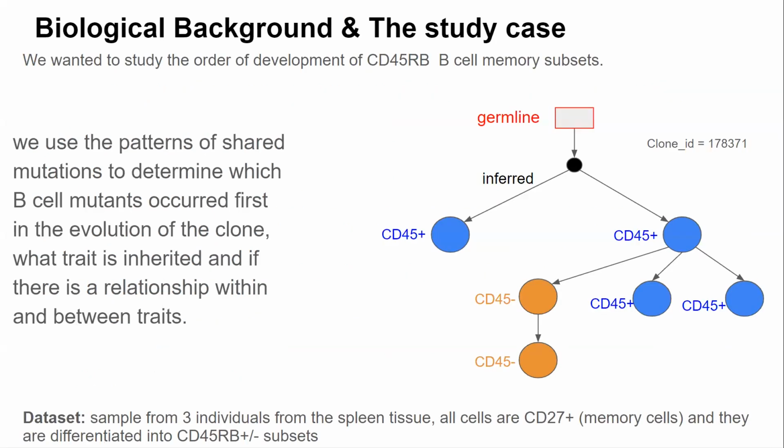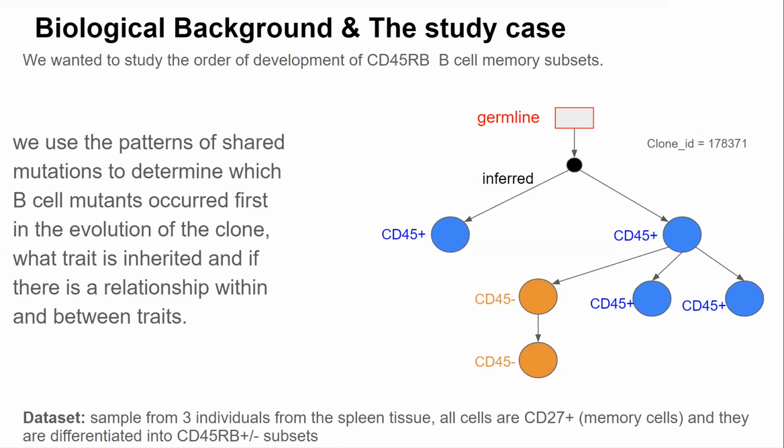Hi, everyone. The example I want to talk about is a collaboration study with the Shlomchik lab of memory subsets, CD45, in B-cell differentiation. What we would like to know is if there is an order of formation of these memory subsets. We sampled 3 individuals from the spleen tissue. All cells are memory cells and are differentiated into CD45 subsets. As I said, we want to see if we can identify an evolution in the formation of the memory subsets.